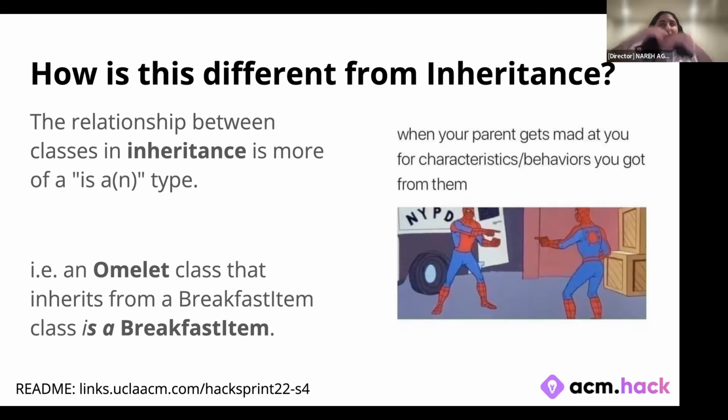So you directly are that type. As an example on the slides, if I created an omelet and it inherits from a breakfast item, then the omelet is a breakfast item. It's sort of like how you are a human, just like your parents, you know. That's why the meme on the side.